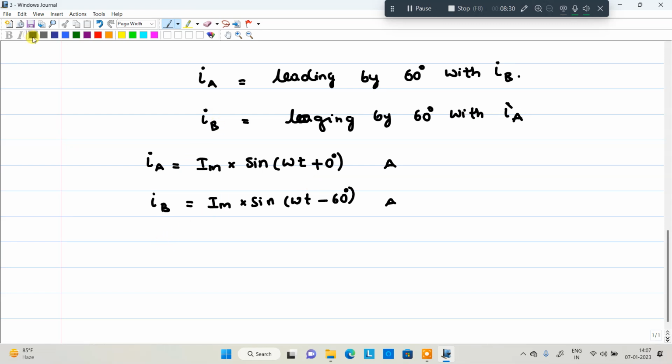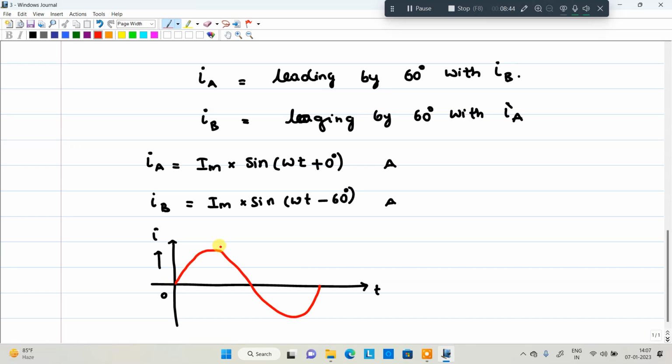So here, time period t, current I for example. One of the waveforms is started from here. For example, this is A. Next, another waveform is also started here.